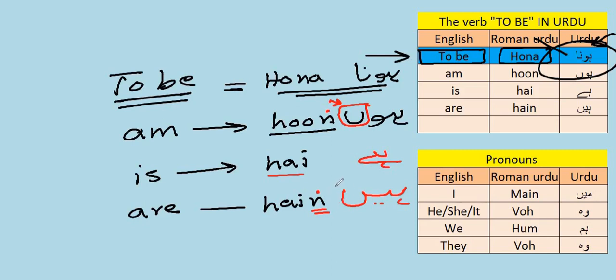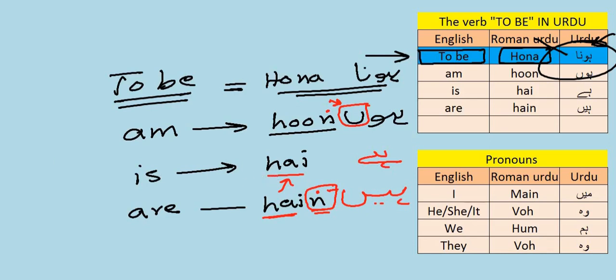If we ignore the nasal sound of n, the remaining word is hai, while the one above is also hai, the spelling is the same. So in real conversation, native people do not differentiate between the hai of is and the hain of are. No one can guess which one the speaker is using.